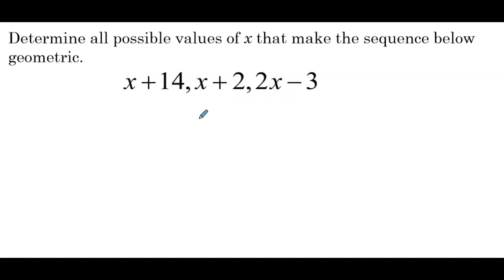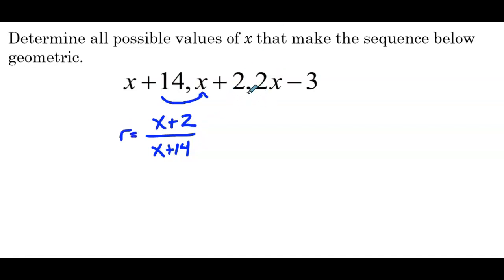Well, as we just did in the last example, where I looked at dividing two terms to figure out that common ratio, we can do that here. So the common ratio between these two terms, I would take x plus 2 and divide it by x plus 14.